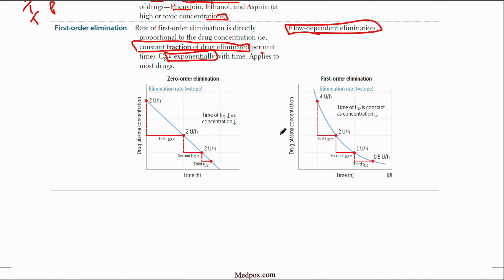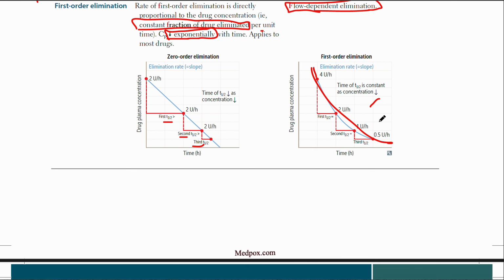Here you can see the graph. In zero order kinetics, a constant amount of drug is decreased, 2 units per hour, 2 units per hour, 2 units per hour, right? First half-life, second half-life, and third half-life, constant amount. And in first order kinetics the curve is like this. It is linear here, and exponential here. So that is how it decreases in this curve.